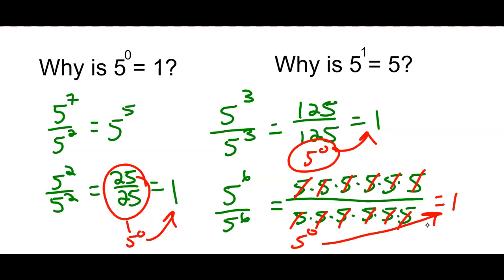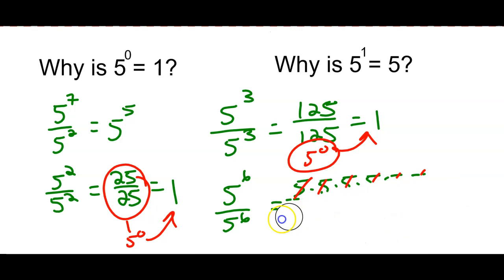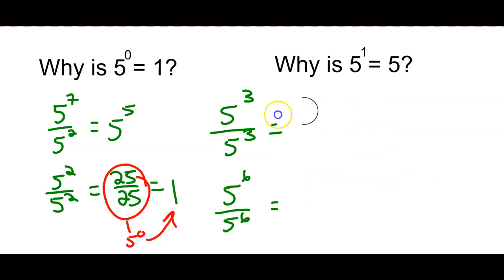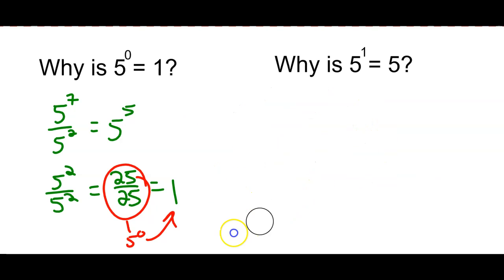But the thing is, you've got the same thing over the same thing. That's why when you subtract those exponents, you get something raised to the 0. And the same thing over the same thing is going to give you 1 every time, so long as the denominator is not 0 itself. So that's why anything raised to the 0 power is equal to 1. Now, why is something raised to the first power just equal to that number itself?